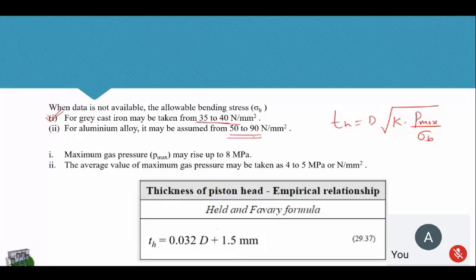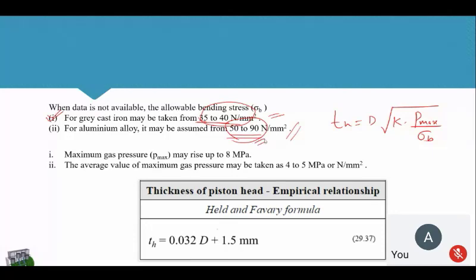Otherwise, if the material is specified and sufficient information is given in the form of factor of safety and all, we can directly calculate from the formula sigma B equals sigma UT upon FOS. But if it is not given, we can directly assume the bending stress as 35 to 40 for cast iron and 50 to 90 for aluminum alloy.